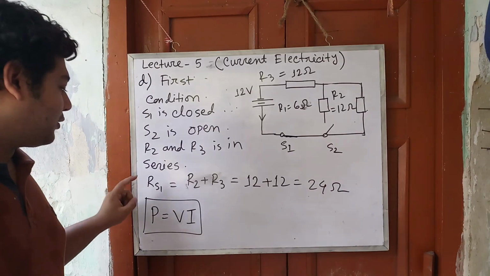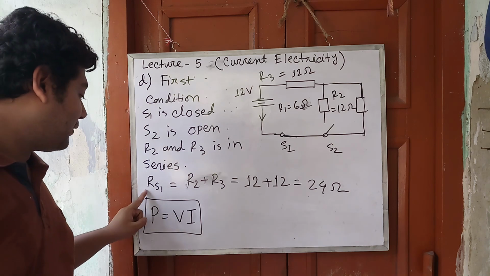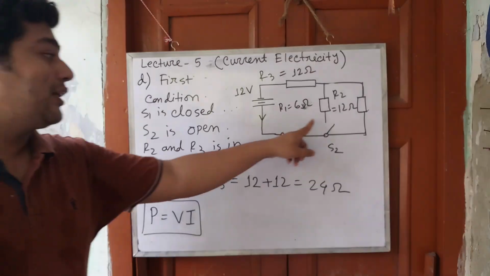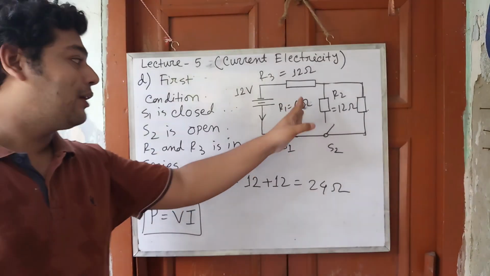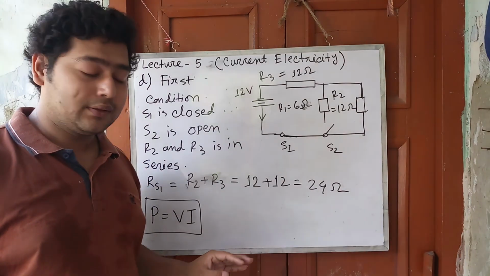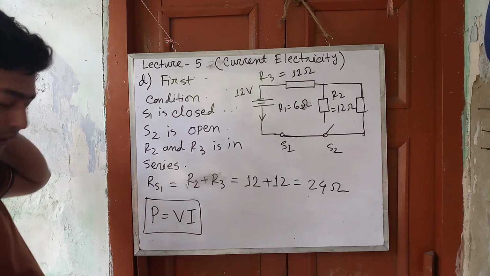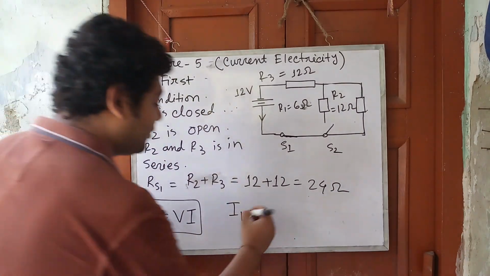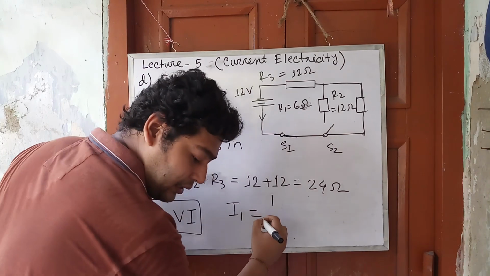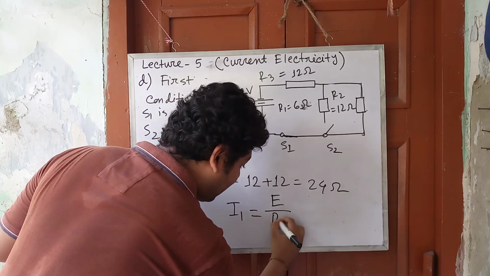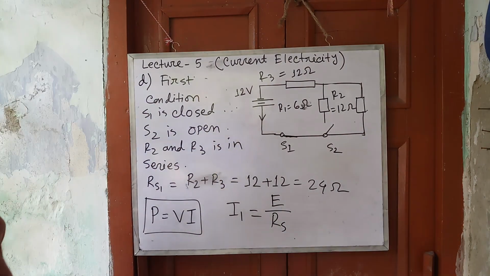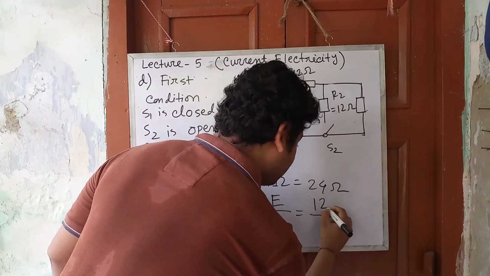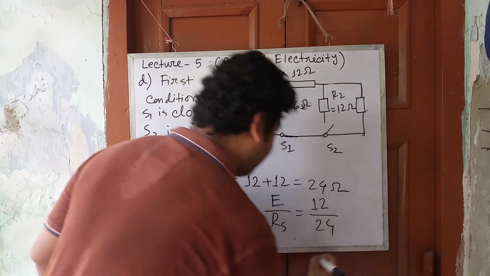Our equivalent resistance is RS1, because S2 is open, so no current passes through R1. So we can write I1 equal to E by RS, which is 12 by 24.